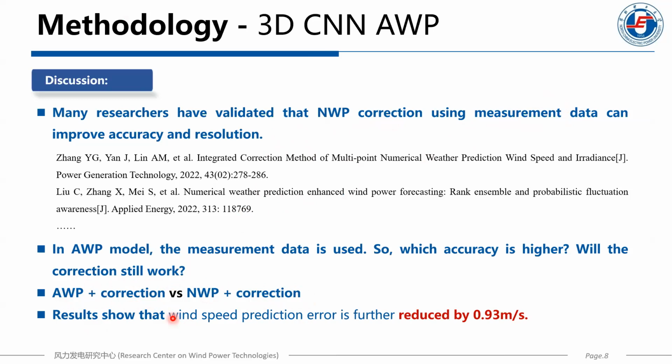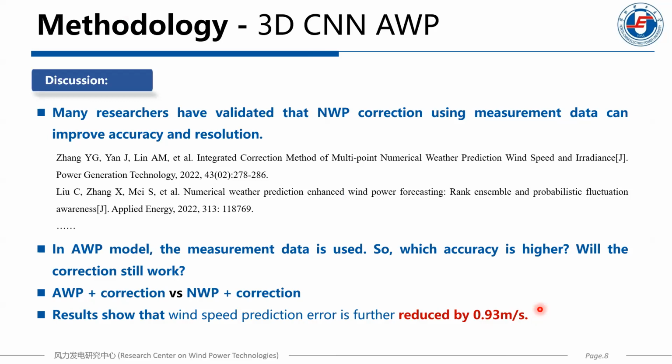The results showed that even though we already used the real measurement data in the AWP model, when you use those data to do the correction again, it further increases the accuracy by nearly 1 meter per second on average. That inspired us and gave us confidence.